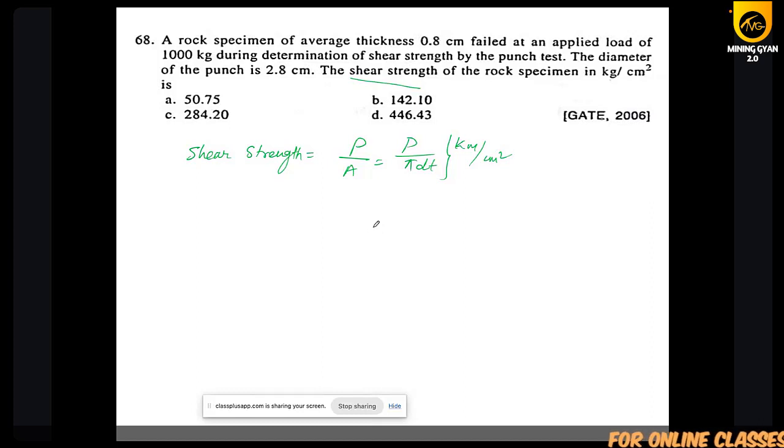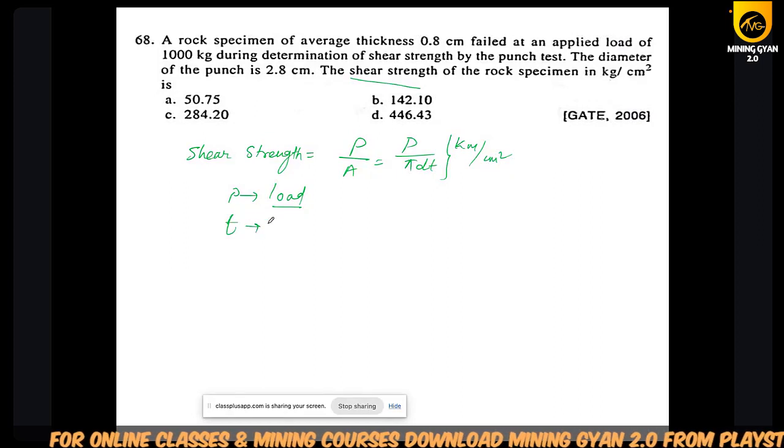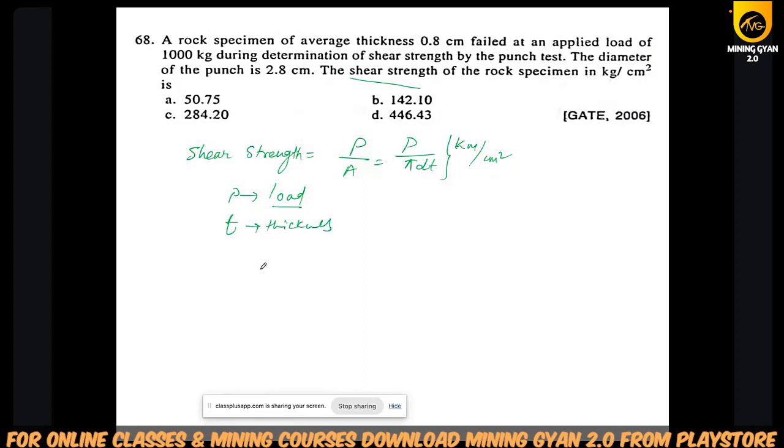What is P? P is the load which we are applying, and what is the A, or what is the t, which is the thickness. Okay, and what is d, it is the diameter. So diameter he has given us 20.8 centimeter. No doubt, if you want to convert it, and if you need a conversion, you can convert it.